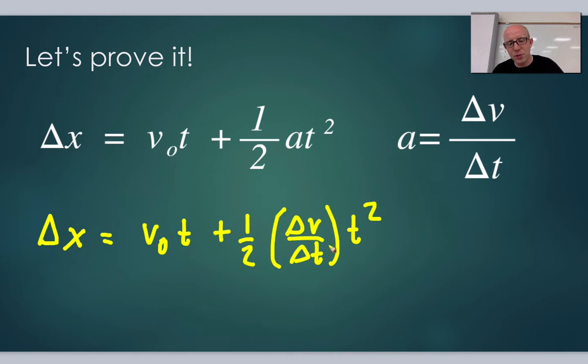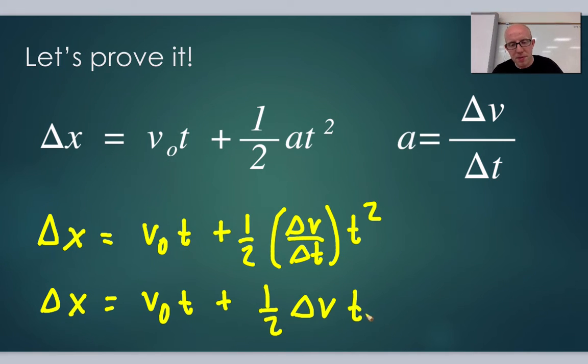I should just use t rather than change in t, but notice that we can cancel one of the t's out. So we'll be left with change in x equals v naught t plus 1/2 change in v times t, okay? Now I'm just going to rewrite this a little bit differently. I'm going to put the change of v and the t on top with the 1.